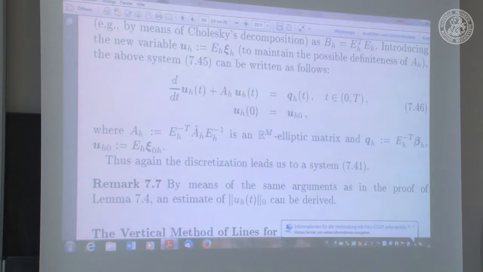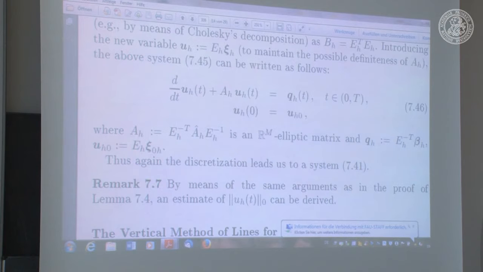Actually, this is only to assure us that these are really the same two systems we are dealing with. In the numerical situation, we would not do that. We would just keep the B where it is and work explicitly with this matrix B. We will see that when we also do time discretization, what I mean with that.